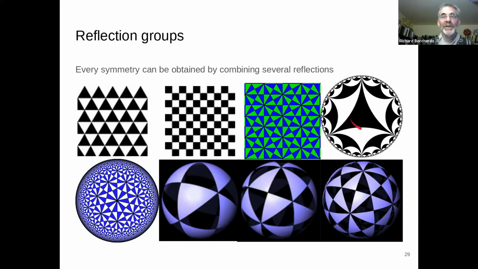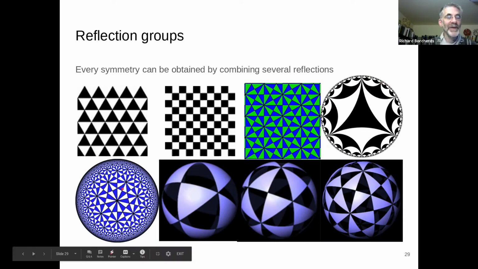So on the top right here, we have a sort of model of the hyperbolic plane, and these are in fact triangles with straight edges, and the reason these edges look curved rather than straight is they get a bit distorted because we're working with hyperbolic space rather than Euclidean space. Anyway, this example here and the example here on the bottom left give you examples of hyperbolic reflection groups.